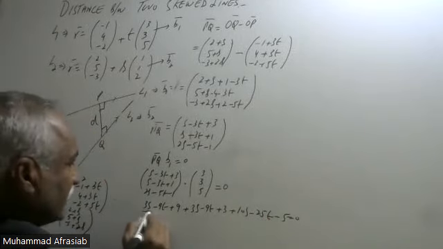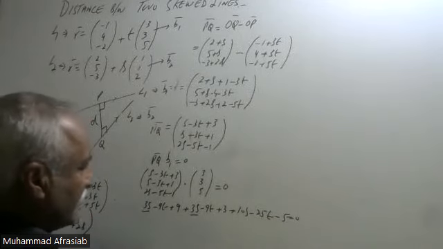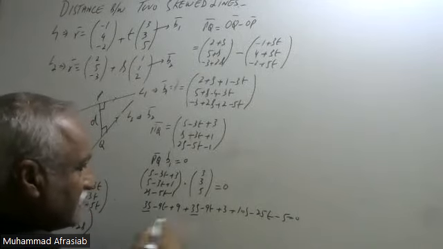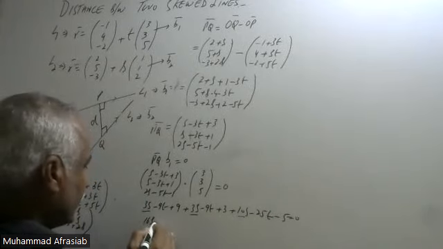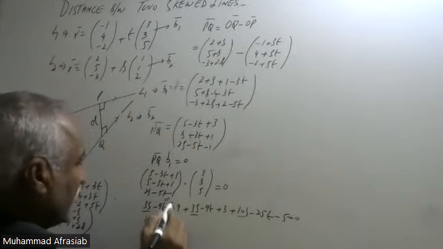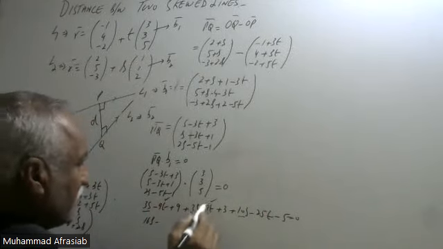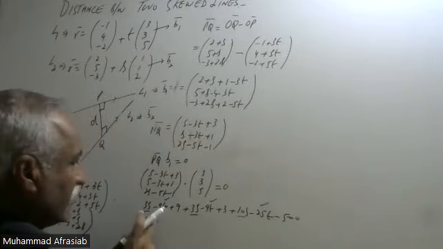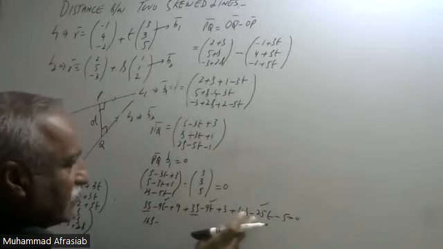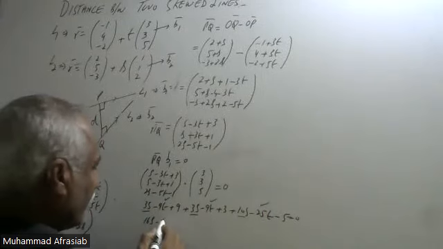Now 3s plus 3s is 6s, plus 10s is 16s. Then minus 9t minus 9t is minus 18t, minus 25t is minus 43t.